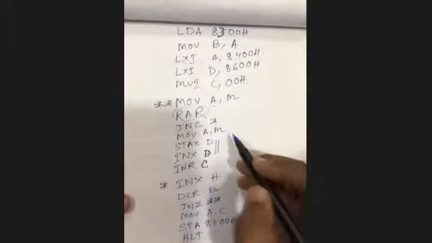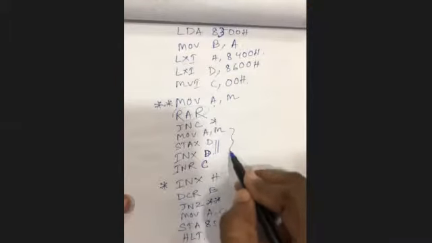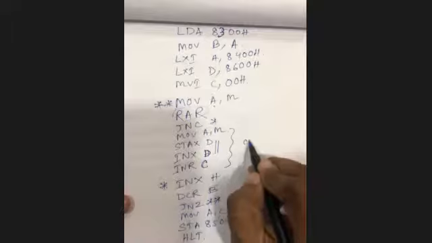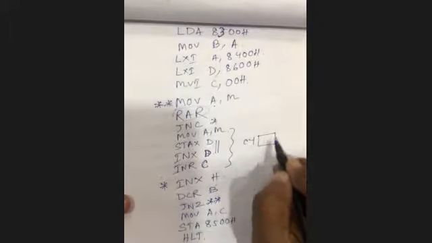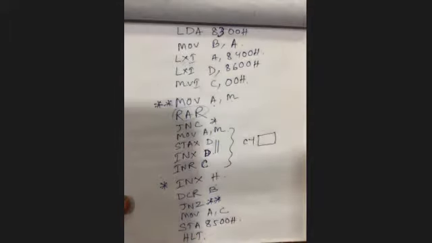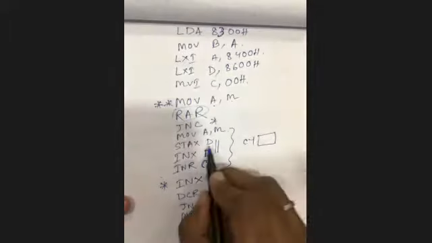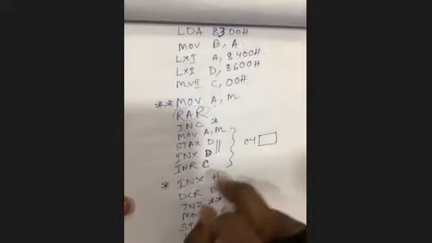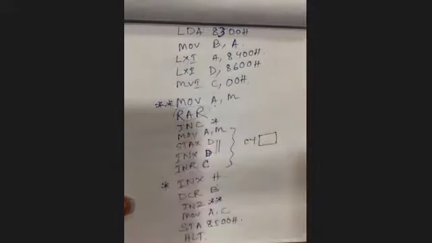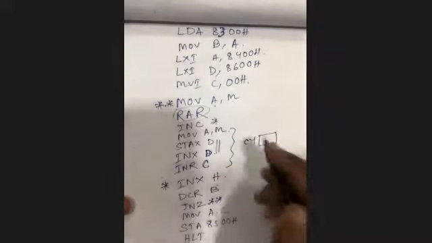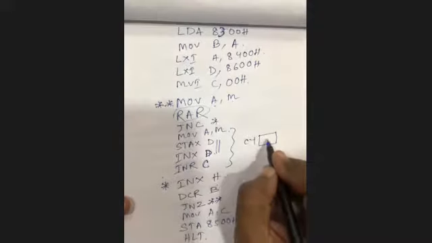The function is done over here when the carry flag is set. This portion is done when the carry flag is set, either 1 or 0. For an even number, this portion will be done only when the carry flag is reset.